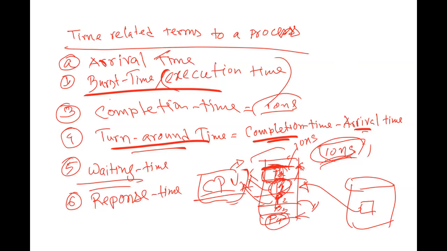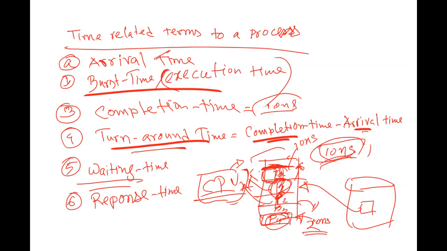P4 arrives in the RAM at, let's say, 20 nanoseconds. When the clock is at 20 nanoseconds, this process arrives inside the RAM, so it is now in the ready state.